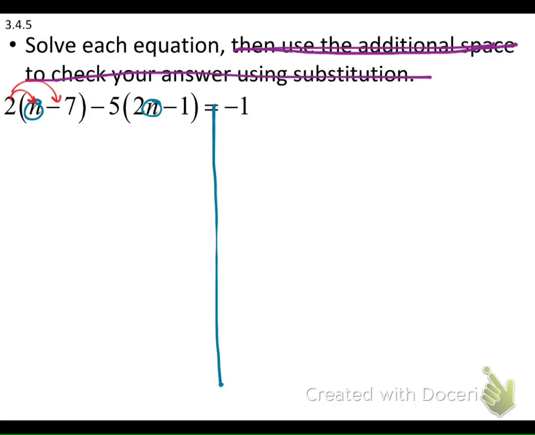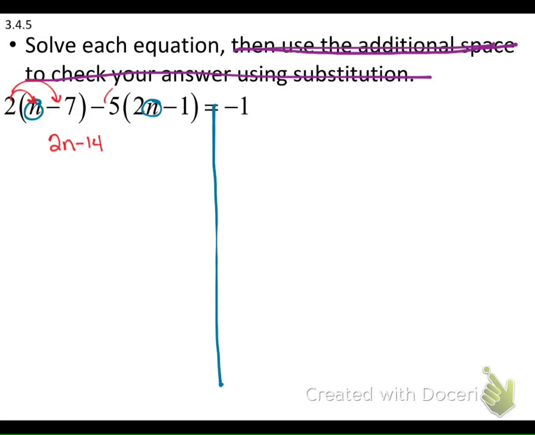So 2 times n is what, you guys? 2n. And then 2 times -7 is -14. Okay. Then the second part I'm going to distribute is what, Jaden? What kind of 5 is that? Yeah.